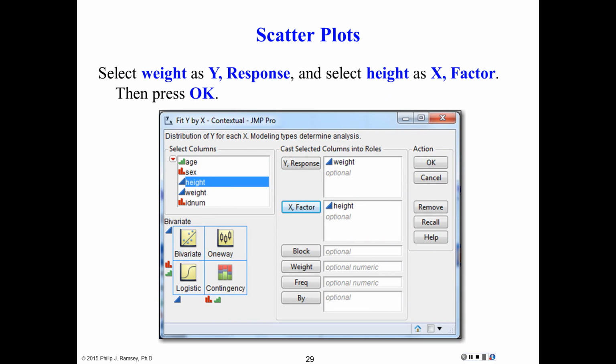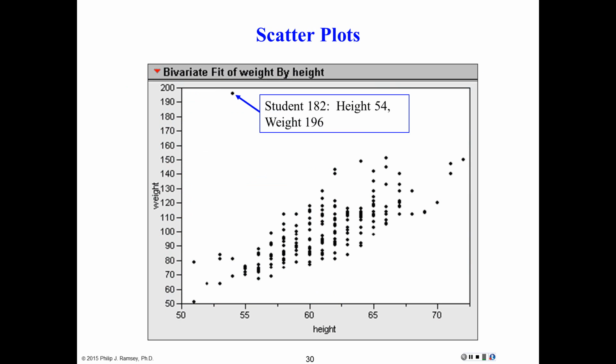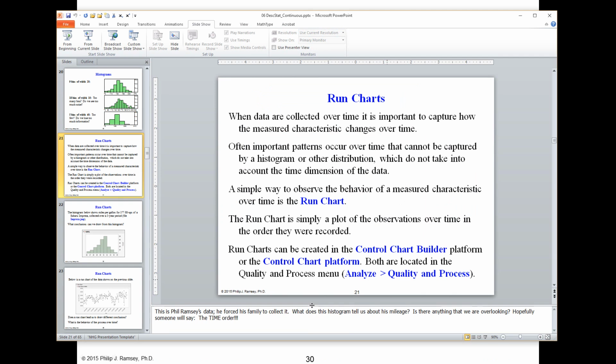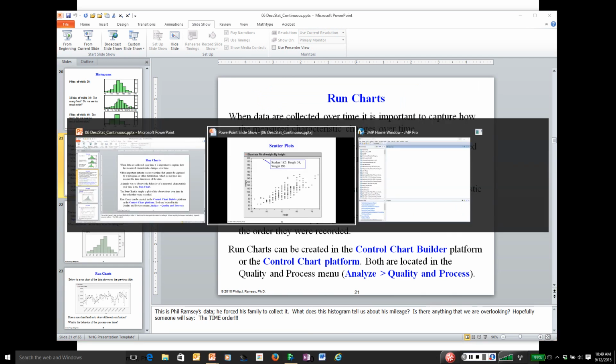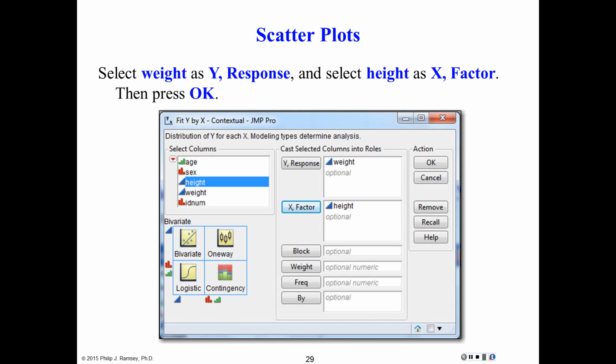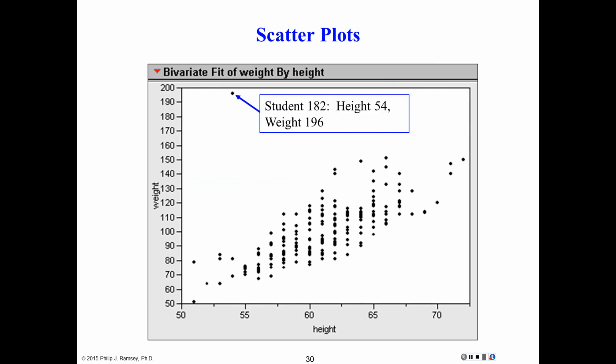So we have a data set called weight, and I just want to show you. So this is just a simple scatter plot. Again, I think I'll just go over to JMP and quickly talk about this. Okay. So notice we're looking at weight and height in the scatter plot, and we see that there's an outlier.